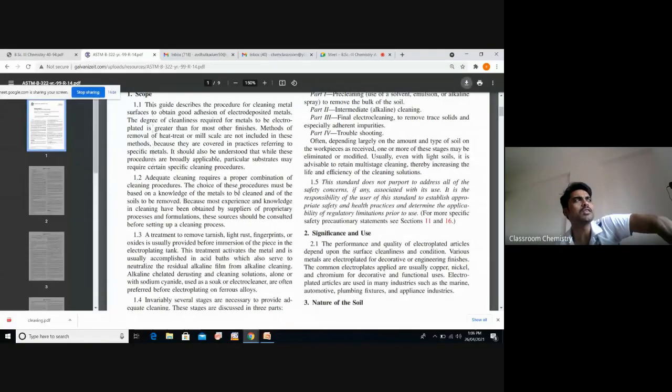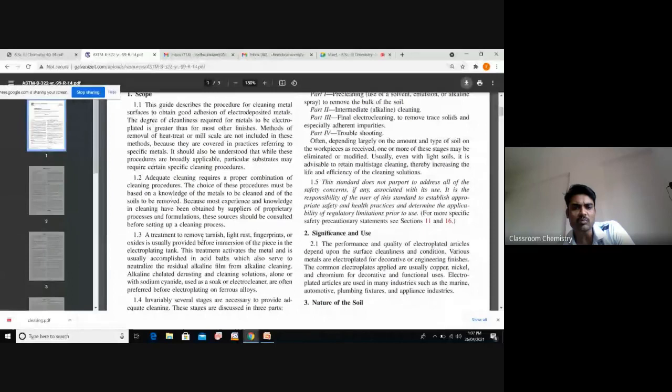Hence for cleansing there are standard procedures, and you must have good knowledge regarding selection of different solvents or different metals in this solution form.